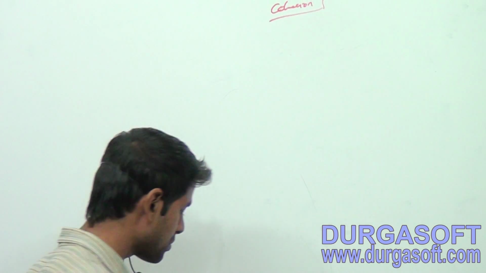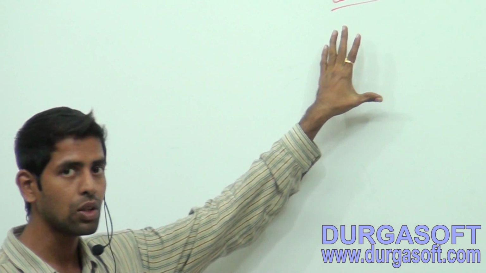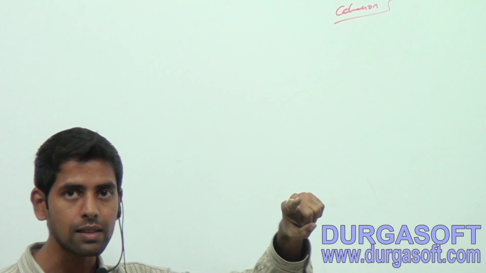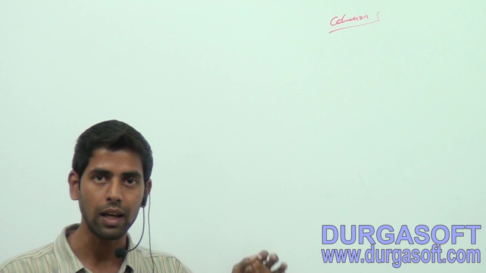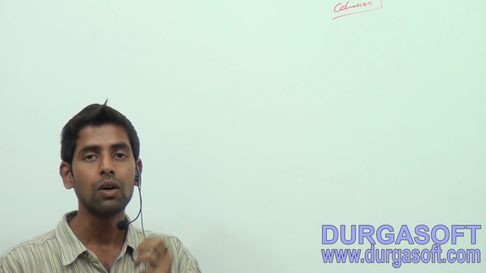Now observe. Cohesion always represents a well focused, a well particular functionality. Functionality means what? A method implementation, or a behavior of a method. Specifically, we are going to represent only a method implementation.